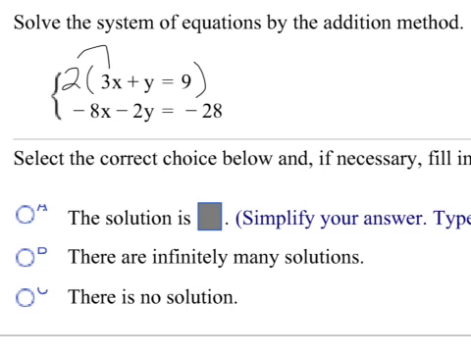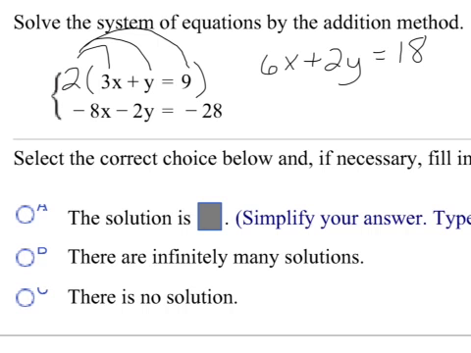Now remember to multiply everything by 2. So the 3x gets multiplied by 2, the y, and the 9. That's the only way to keep this equation equal to its original equation, because if I reduce after I multiply by 2, it's going to come right back to 3x plus y equals 9. So after I multiply everything by 2, I've got 6x plus 2y equals 18.